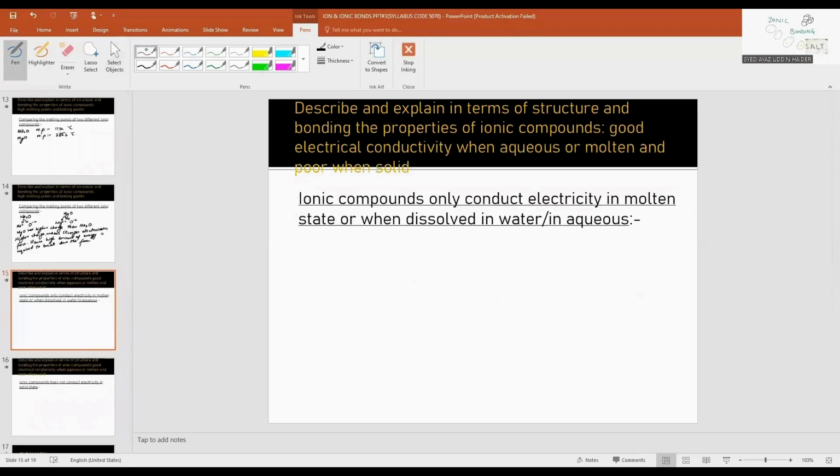Now, ionic compounds only conduct electricity in molten state or when dissolved in water, in aqueous solution. It's because in the molten state, when ionic salts are heated, or when dissolved in water, the ions become free or mobile.